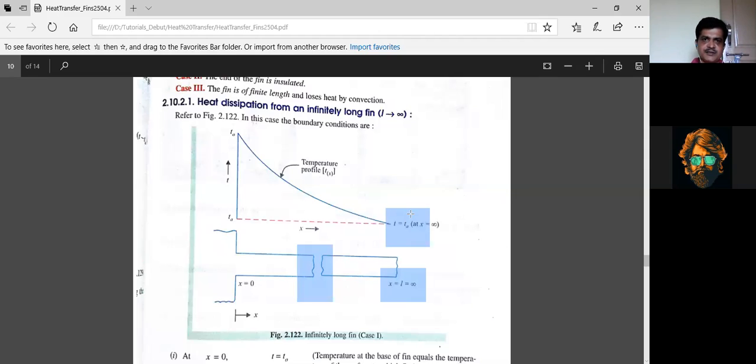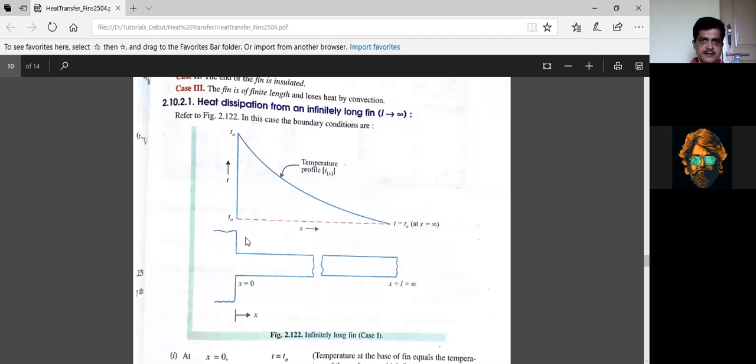Which boundary conditions have we taken? At the base of the fin, when x is equal to 0, the temperature is T0. You have to remember that the temperature is T0 at the base.